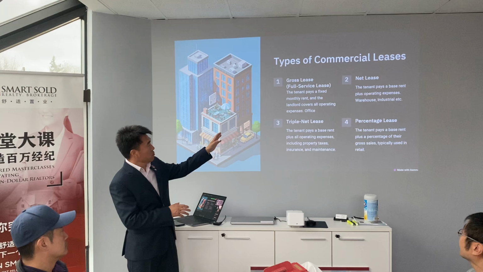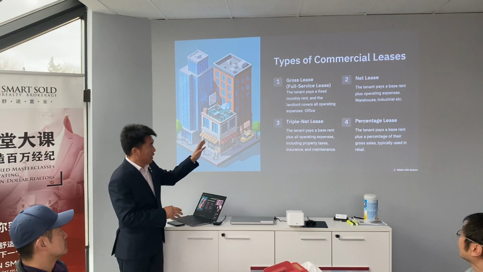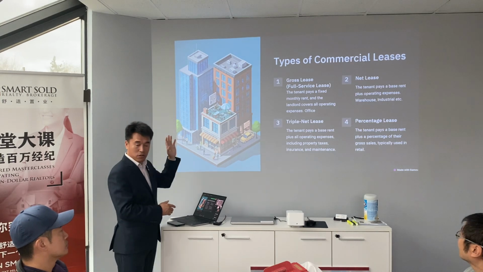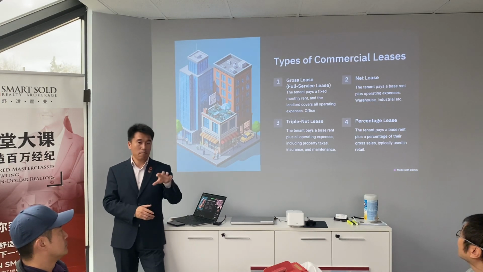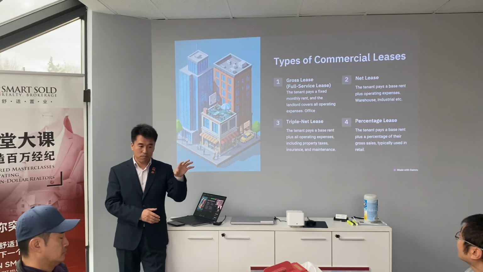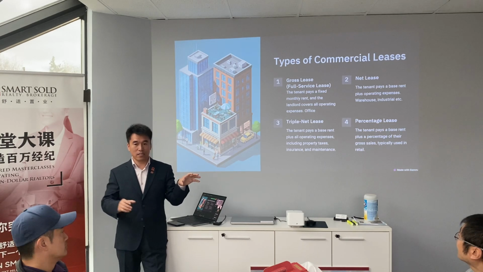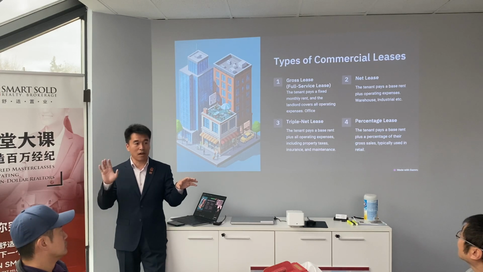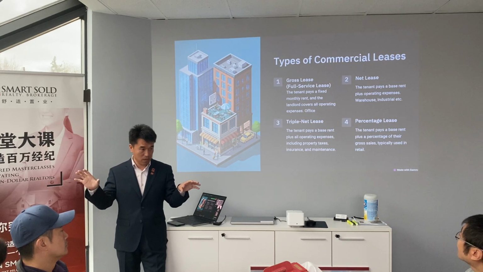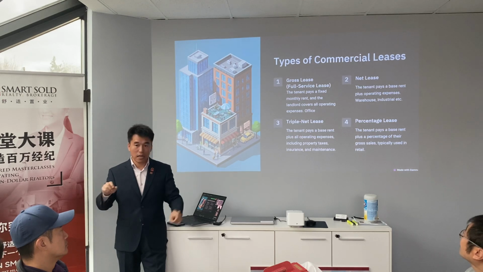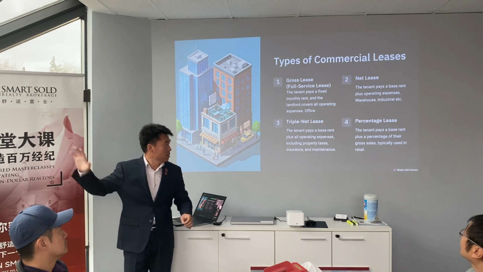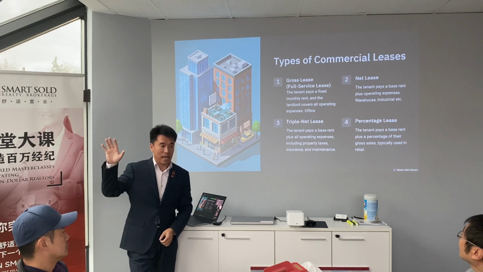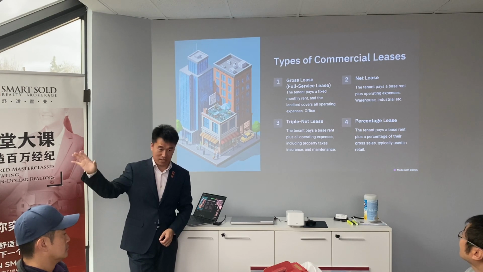One is called gross lease, on the left end, which means the tenant pays the rental only, and the rest of the expenses, utilities, and TMI, are covered by the landlord. That's gross lease. On the other side, we call it the triple net lease, which is where the tenant pays everything.